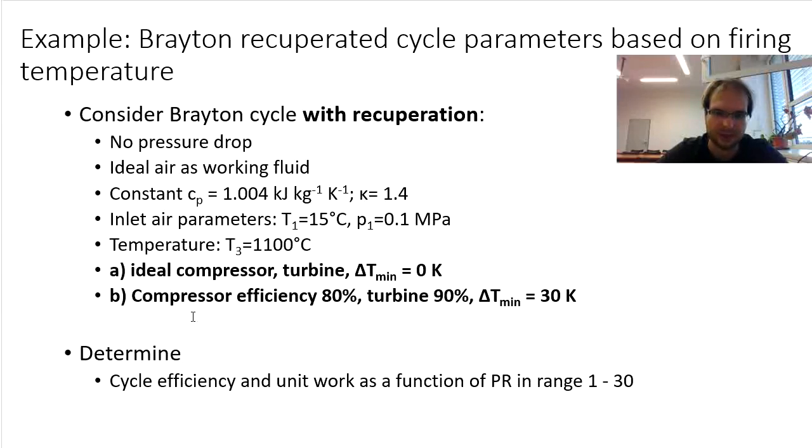Then after that we will also have a look at the real cycle with the compressor efficiency of 80%, turbine 90%, and specified minimum temperature difference of 30 kelvins. The task stays the same, get the cycle efficiency and unit work as a function of the pressure ratio in the given range.